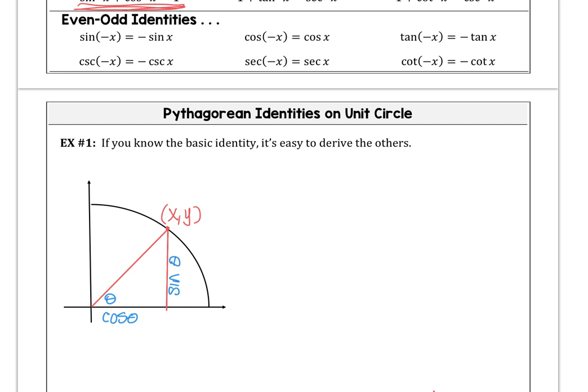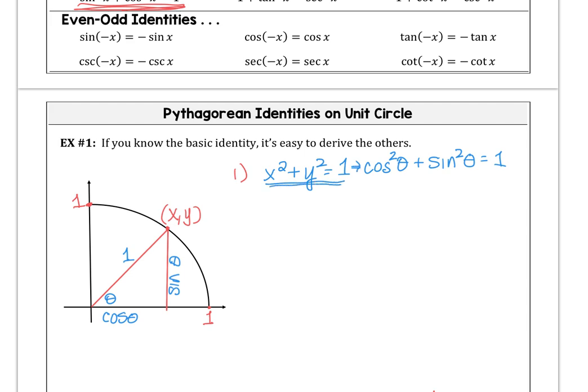So if it's on a unit circle, the hypotenuse is 1. And like I said, if you start with the basic fact that x squared plus y squared equals the hypotenuse squared, and you know that cosine squared is the x value and sine squared is the y value, we can derive that from the circle equation.